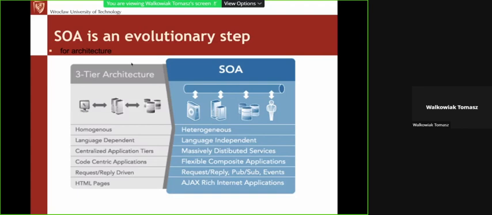If I wanted to enlarge the system and add new functionality, I just had to know PHP and add new things. Changing from one database to another was very hard. So they were centric, and only HTML pages were allowed as the front end.